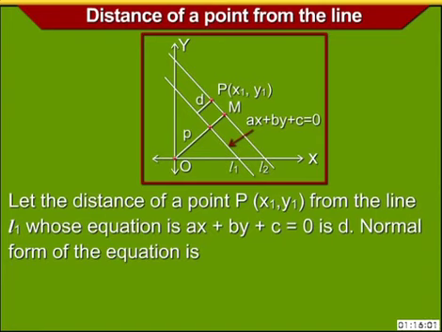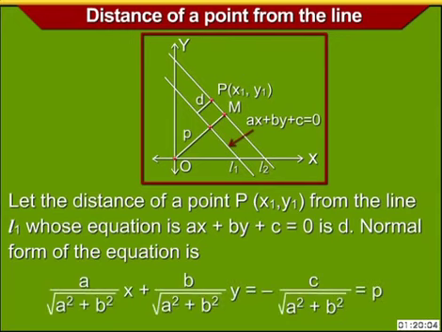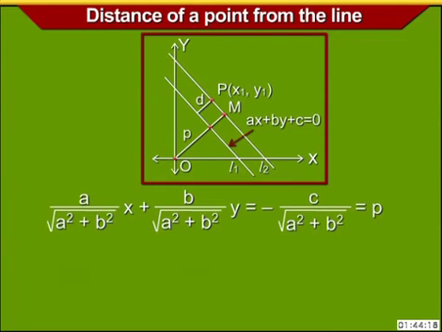Now converting the equation into the normal form, we get a upon square root of a square plus b square into x plus b upon square root of a square plus b square into y equal to minus c upon square root of a square plus b square. It can be written as it is equal to p, where p is the distance of the origin from the line.